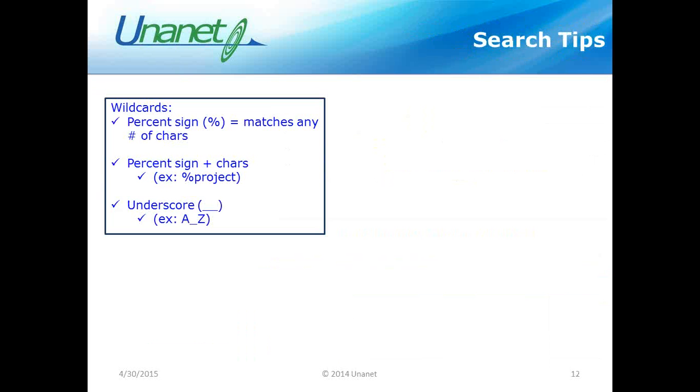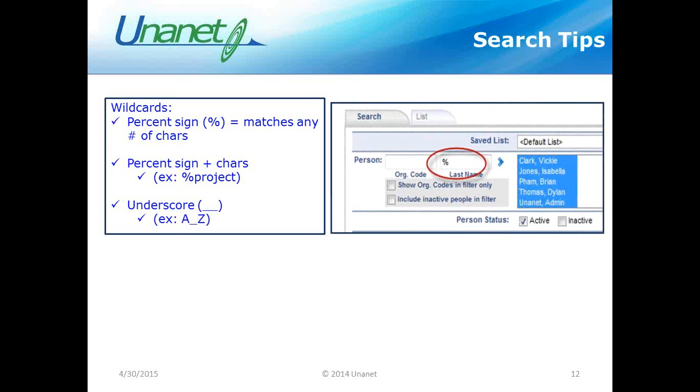Now, a few quick tips on the search criteria. Using the selection criteria in the reports, there is the % sign that is just like a wild card. It matches any number of characters. So you can use that when defining, as an example here, looking at the full list of the last names in this example.